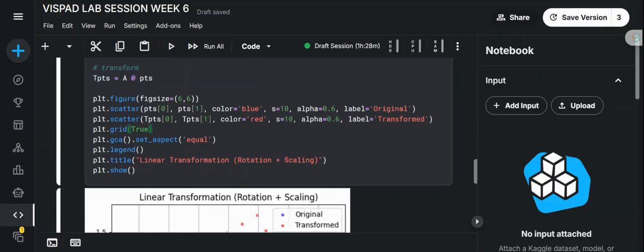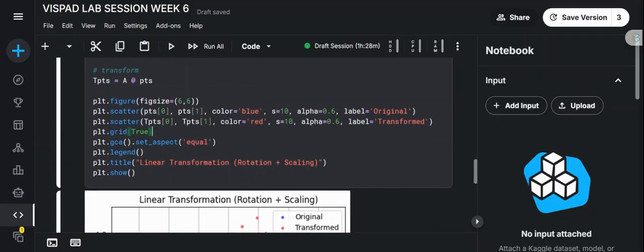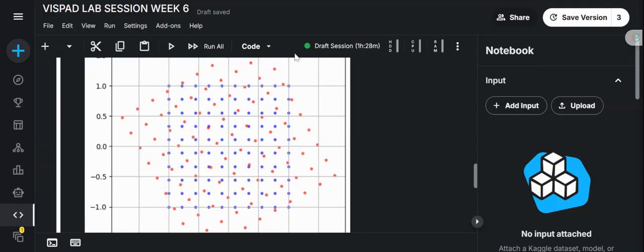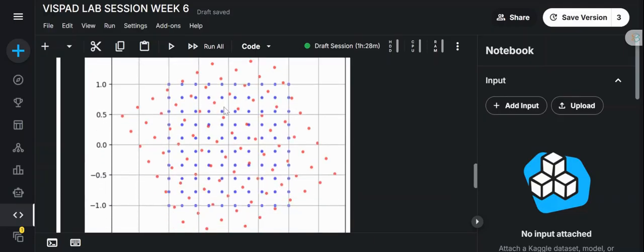So now let's run and visualize this transformation. As you can see in this graph, the original matrix of points is the blue dots that you can see over here.